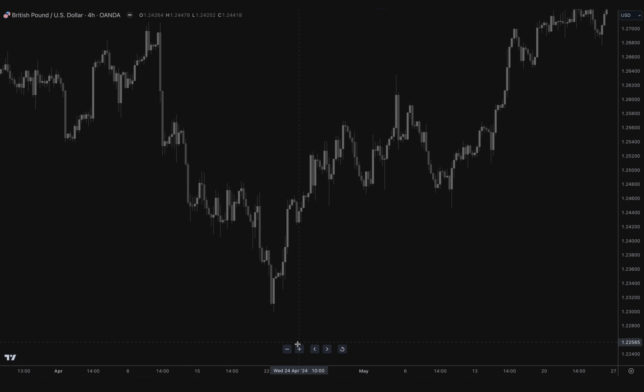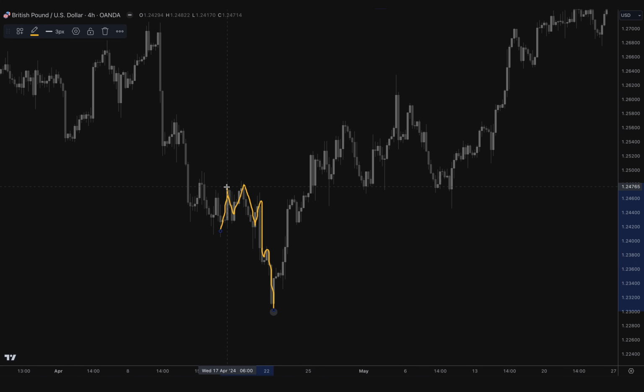So because we are starting here, we already know that this is going to be our swing low in the market. Now we want to look at our minor structure. So like I said, you just want to identify the point where that minor structure was broken. It was continuously moving higher and higher.